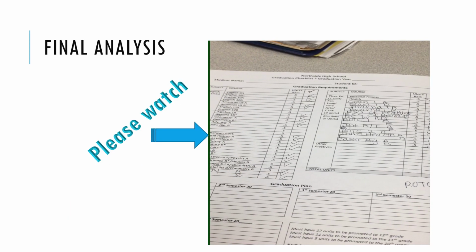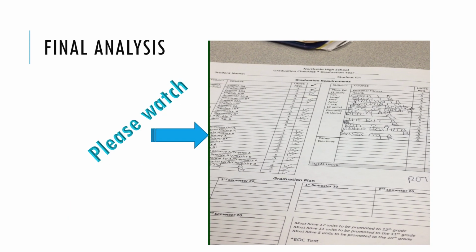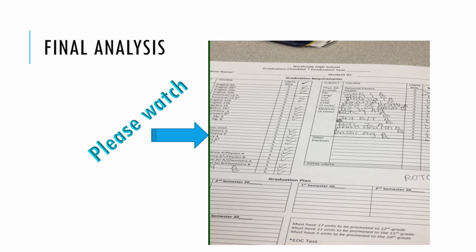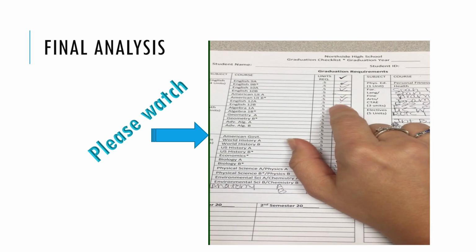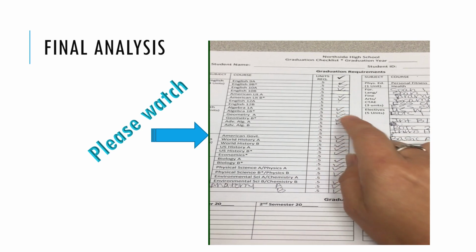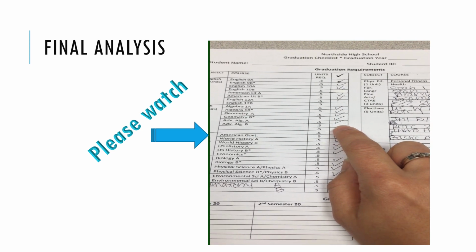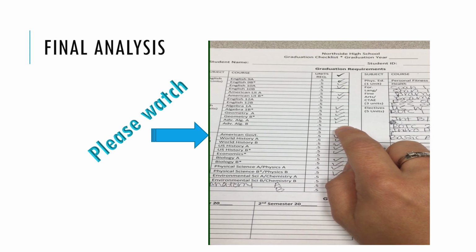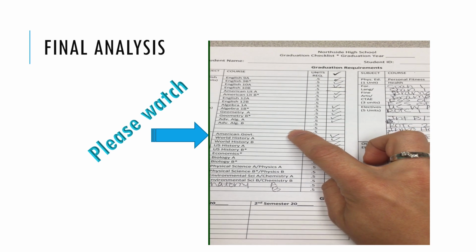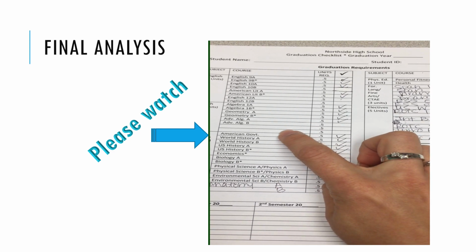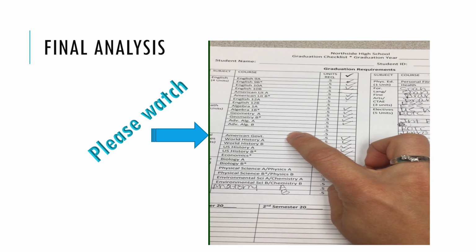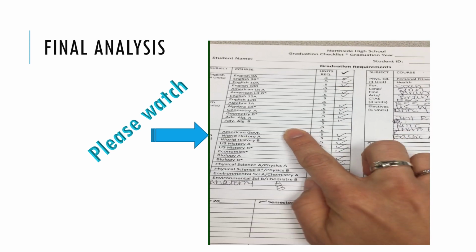So now it's time to analyze your checklist to see where you stand. This student, for example, still needs to take 10th Lit B and his 12th grade English. Also, we need this semester of math and a 4th year of math. There are options for your 4th year of math, and that's why this is blank. Your math teacher will help you determine which course you will take.